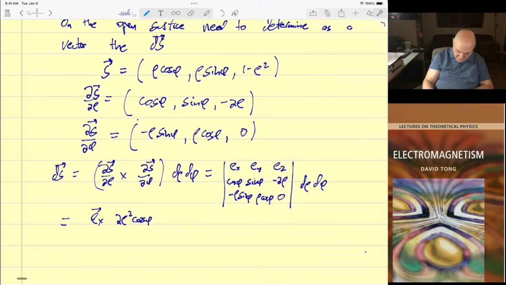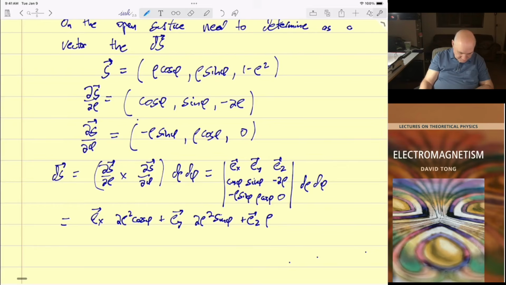These are vectors. Plus EY times 2 rho squared sine phi, plus EZ times rho cosine squared phi plus rho sine squared phi, which is just rho.